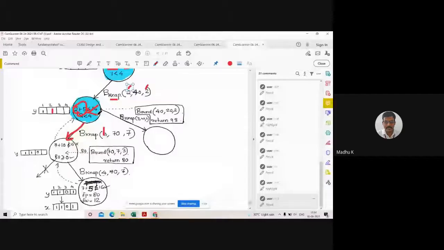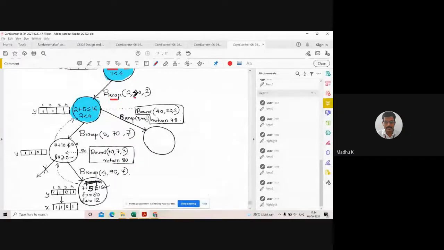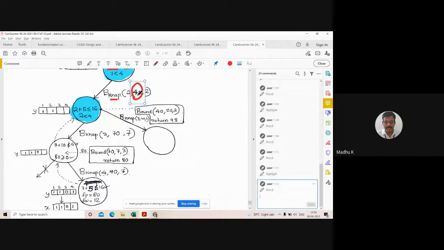So it comes here. Current weight is 7. So 2 plus 5 is 7. Will come here. So this is the current weight variable. It is 7. And what is the current profit now? Already it is 40. You can observe here, this is 40, plus the profit of the object 2.